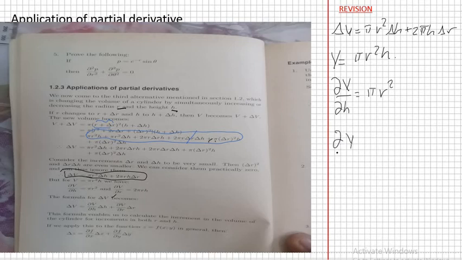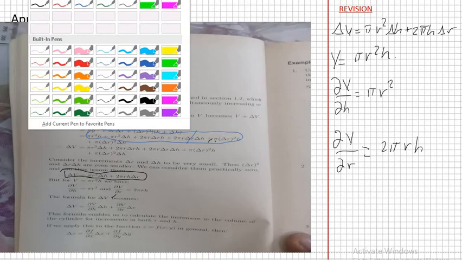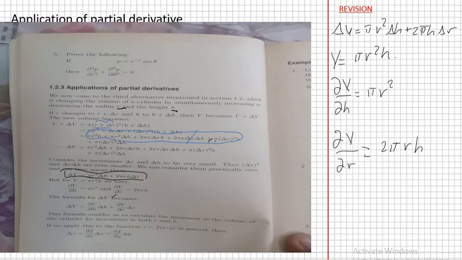If we find the partial derivative with respect to r, we get 2 pi r h. We have learned how we went from the expanded expression to this one. So the change in volume is given by this relation here.